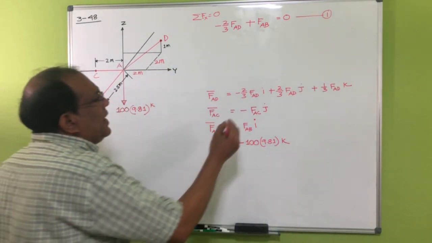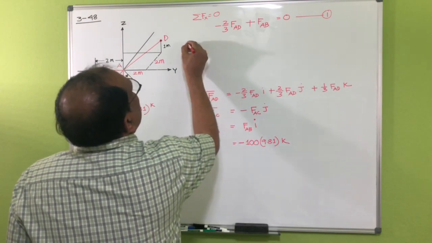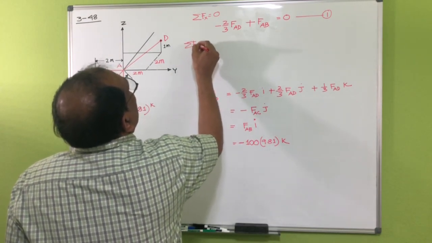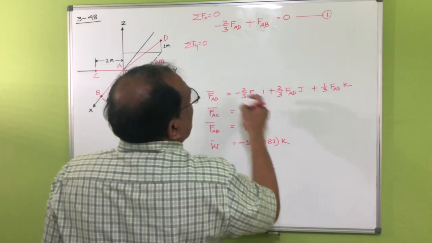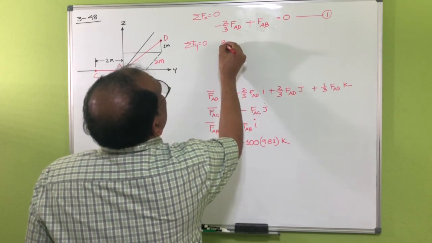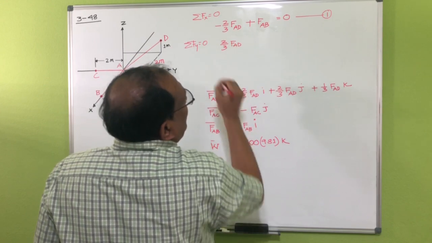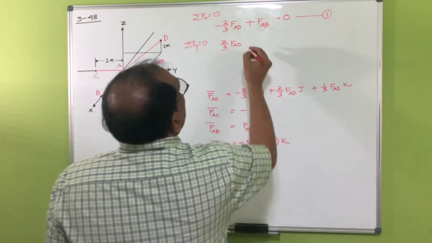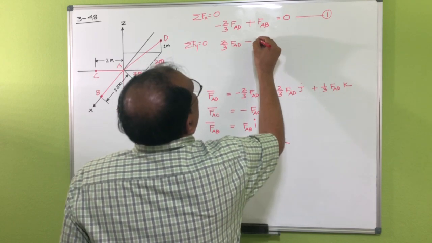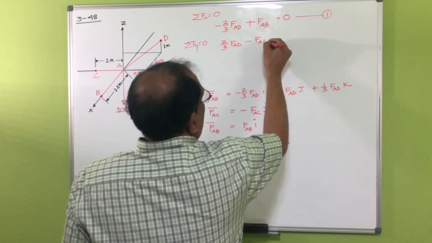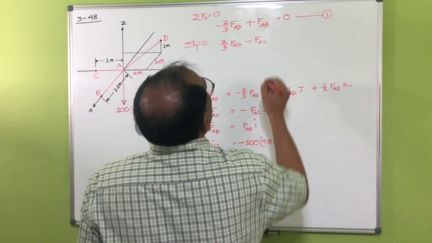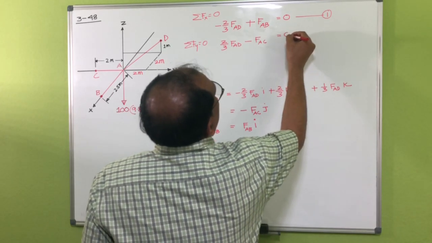Similarly, if I add the j term here, summation of Fy equal to 0, so you can see 2/3 FAD minus FAC, and that's actually 0.